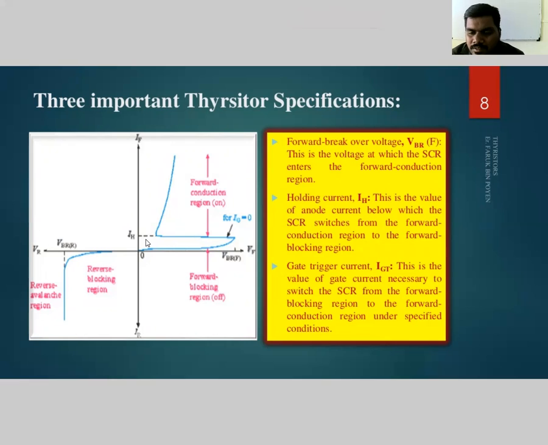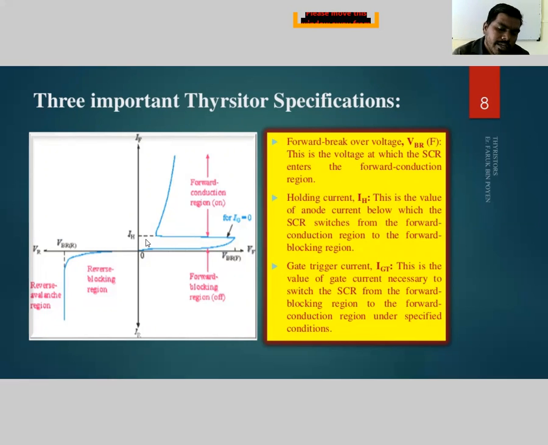Okay, under some specific conditions only. If you want to turn on the SCR, then you have to give the gate current, so that it will come in the forward conduction mode, not in the blocking mode.